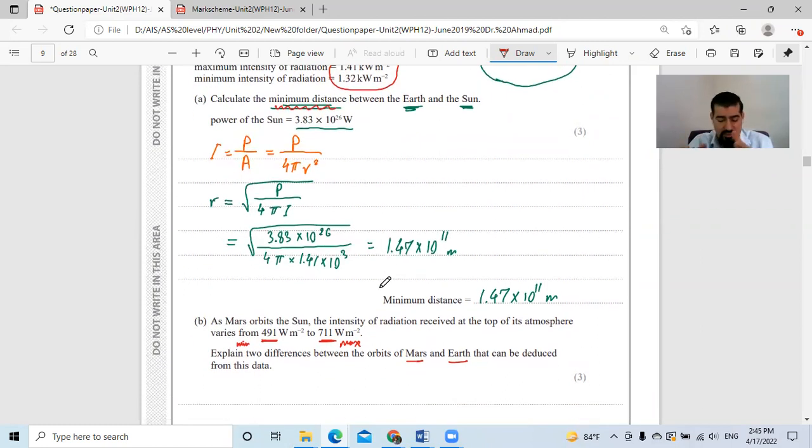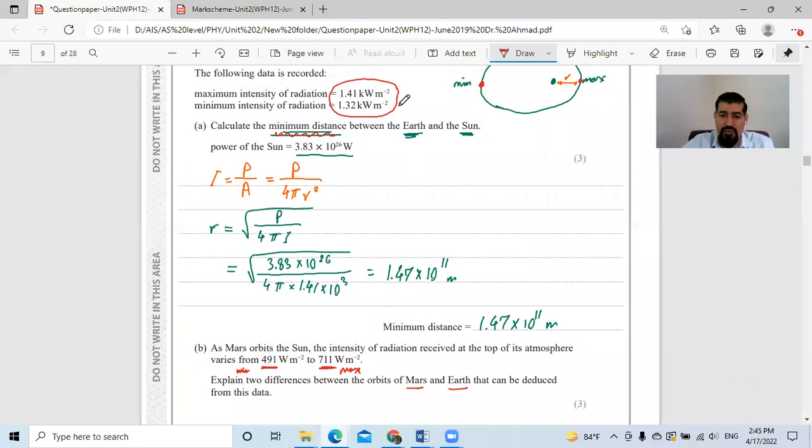First of all, we can say that the orbit of Mars is farther than the Earth's, because the light intensity is less. And also we can say that it is more elliptical than the Earth because the difference between these radiations is greater than for the Earth.